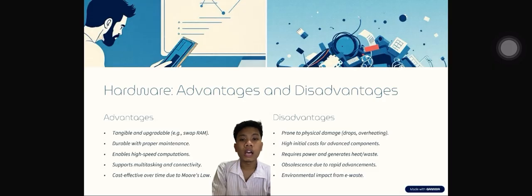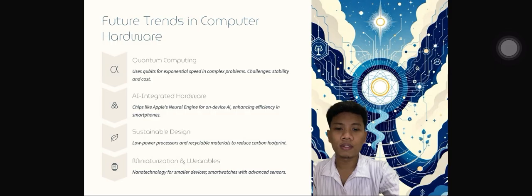Then disadvantages. The first one is prone to physical damage like drops or overheating, and the second one is high initial cost for advanced components. Then it requires power and generates heat or waste, and obsolescence due to rapid advancement. The last one is environmental impact from e-waste.